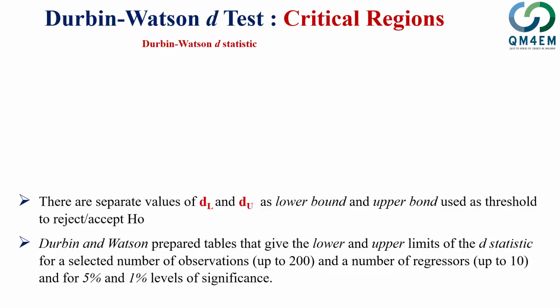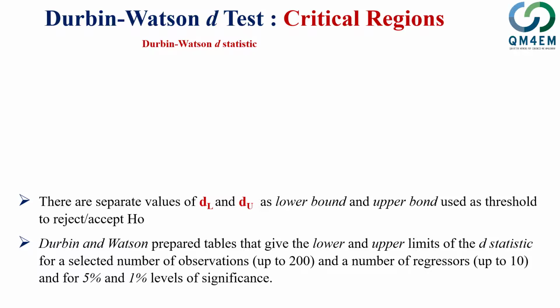There are separate tabulated values, the same way we have them for the Z statistic, T statistic or F statistic. We also have values for the D statistic, and these tables were prepared by Durbin-Watson for a fixed number of observations, different levels of significance and numbers of regressors.